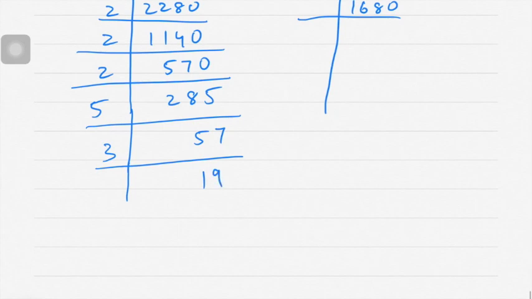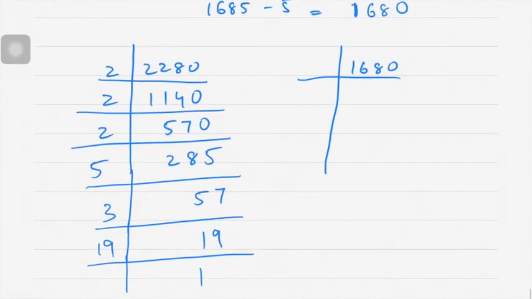Then 3 1s are 3, 3 9s are 27, correct, and 19 is a prime number. Now for 1680, let's calculate.